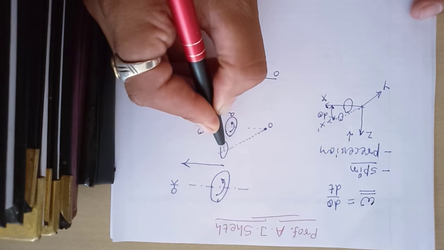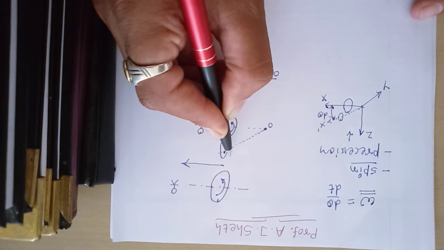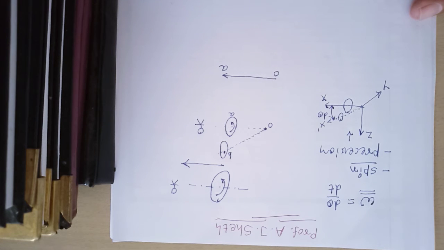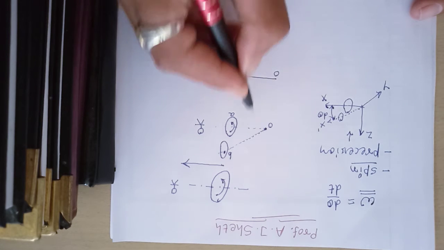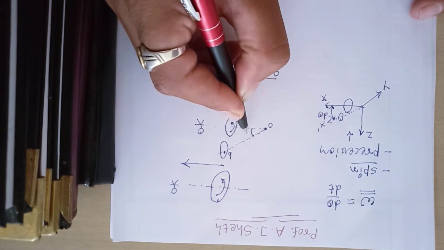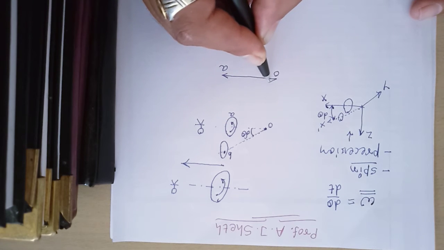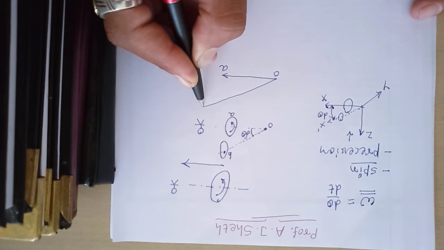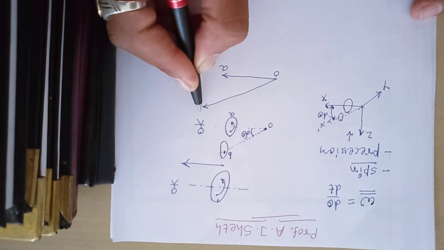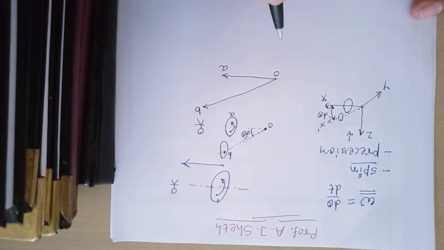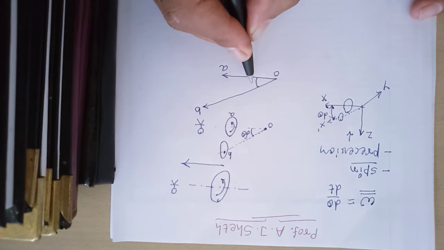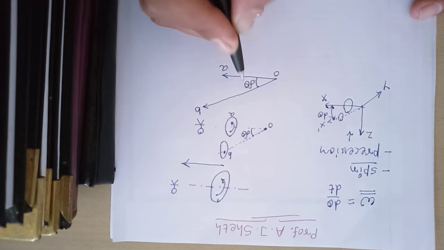So its vector is larger in length compared to OA, and this is a small angle del theta. So the new vector is OB, and this is del theta.